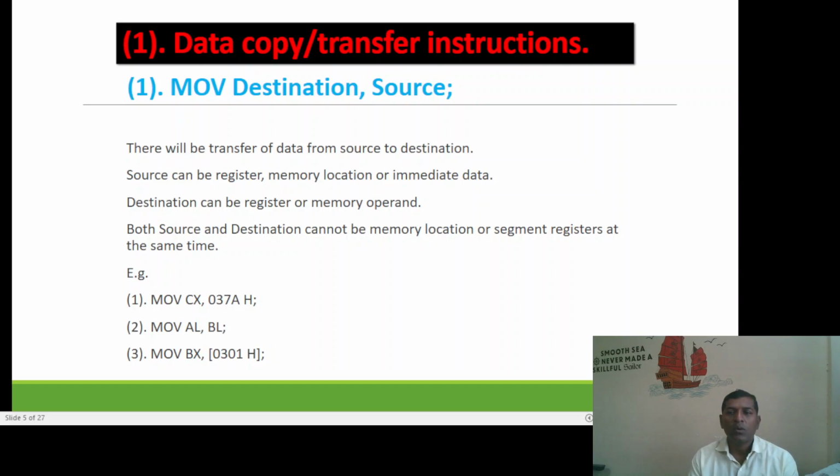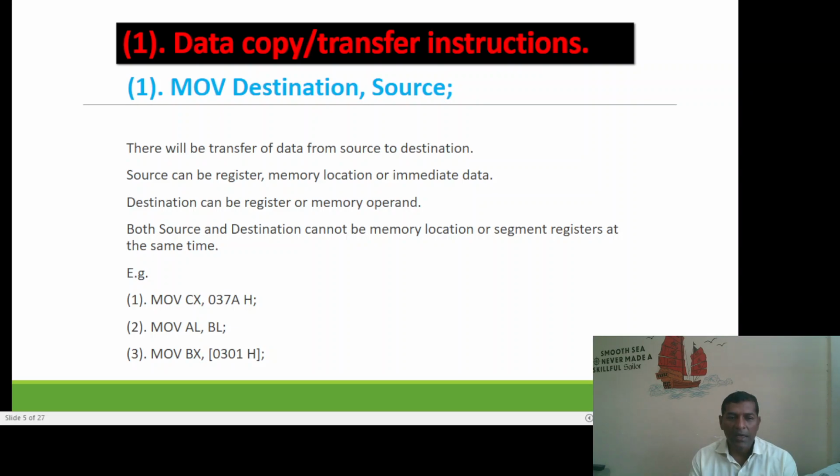The MOV instruction can be defined with the following examples. MOV CX, 037AH, where 037A is the source and this source is in the form of data.